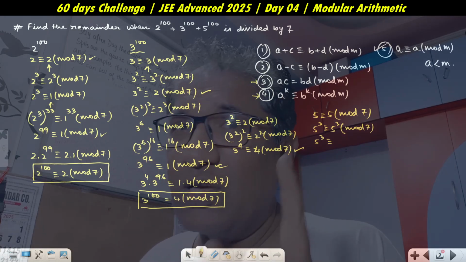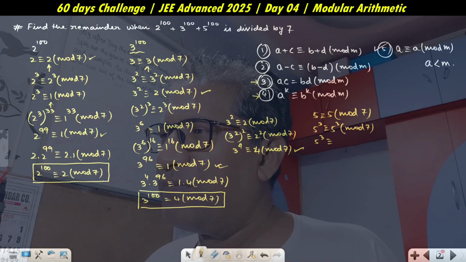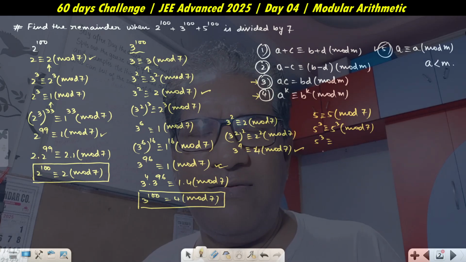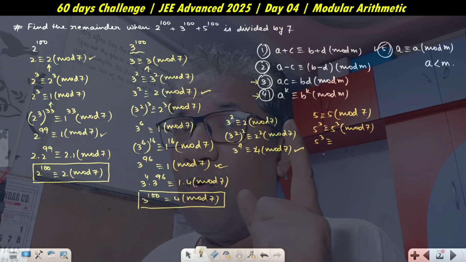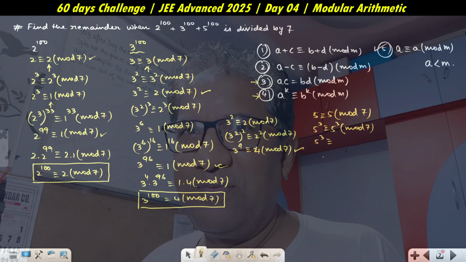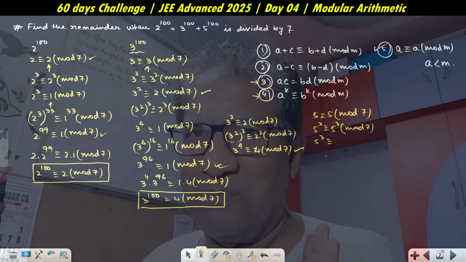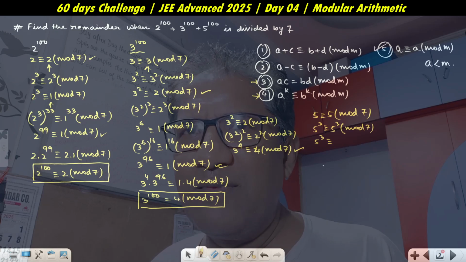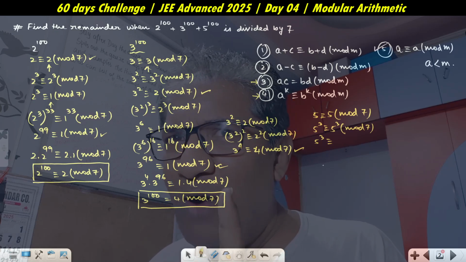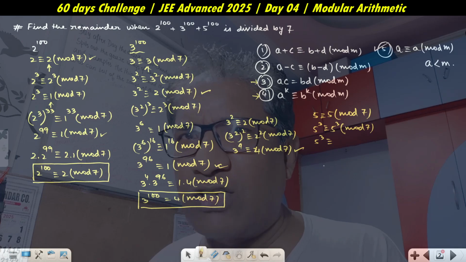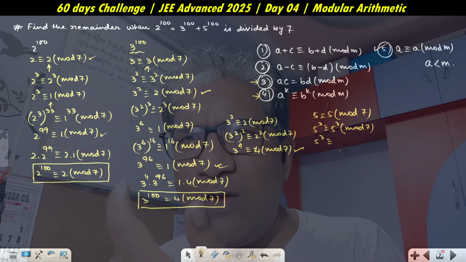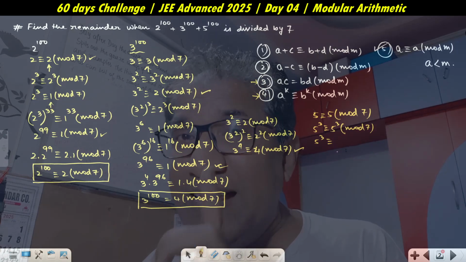Now there is a very interesting thing. Listen to it carefully. 5 to the power cube is basically 125. But we know that 126 is completely divisible by 7. So we are one short of that. 5 cube is 125, one short.